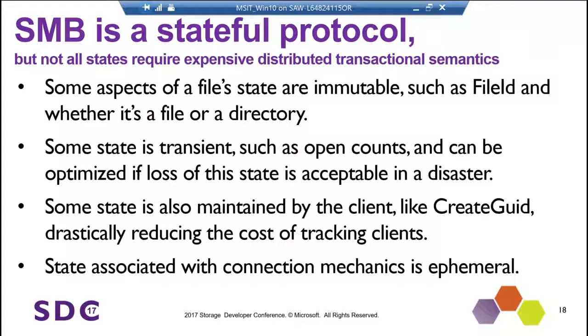Open-if means open it or always open it, and create means fail if it's already there. Obviously, you can't do that more than once because the second one will fail, and it's very difficult without help from the client to know whether or not this is the first one. So having the client carry some of the load by passing this create GUID really helps us.